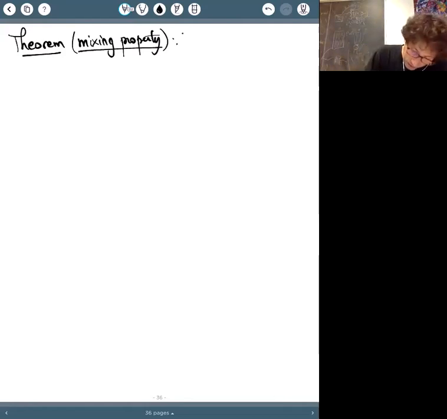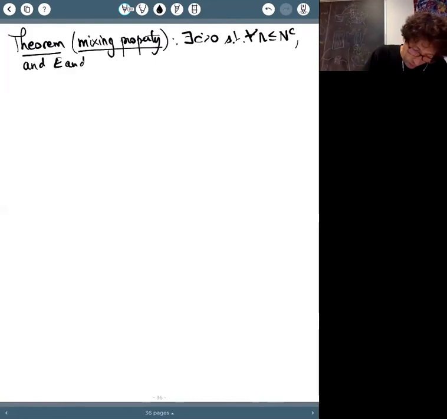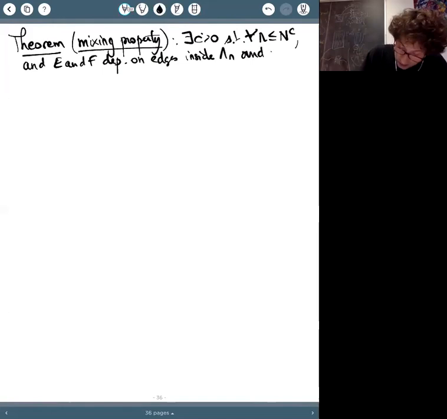So I'm claiming that there exists a constant C such that for every n smaller than N to the C, so I want the inner and the outer annuli sizes to be very different, and E and F depending on edges inside Λ_n and outside Λ_N respectively.